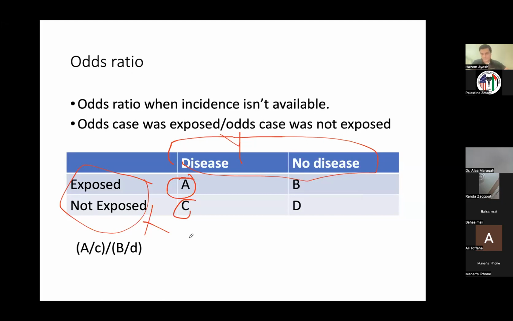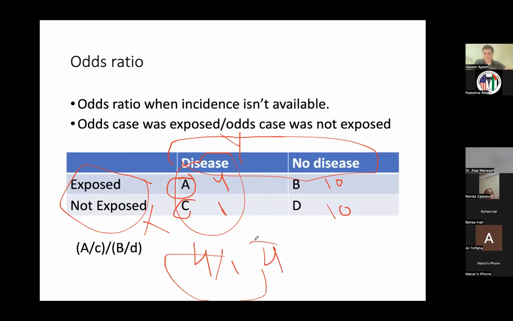For example, if you have 4 patients here and one patient here, and then let's say you have 10 patients here and 10 patients here. So the odds, the probability of exposure in the disease population, is 4/1. So it is 4.